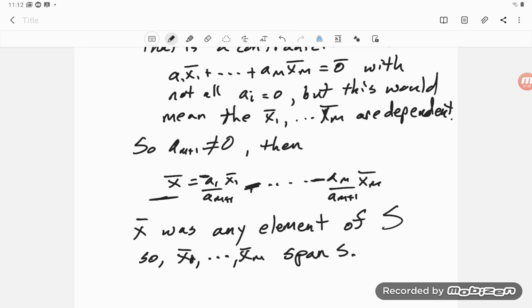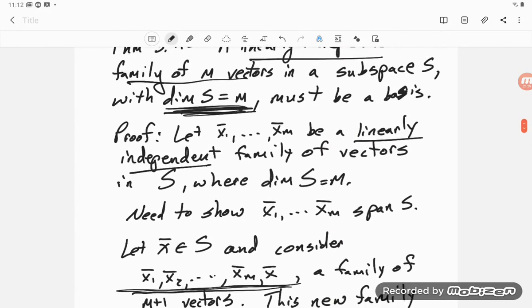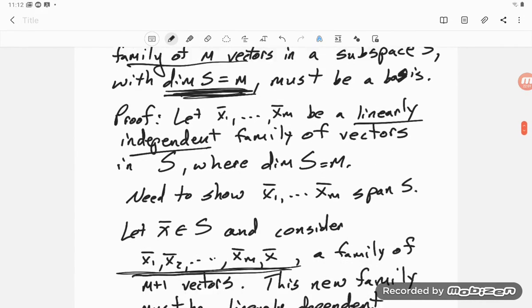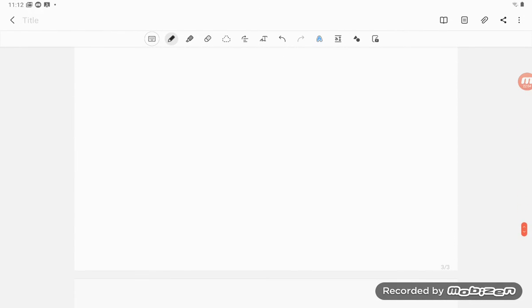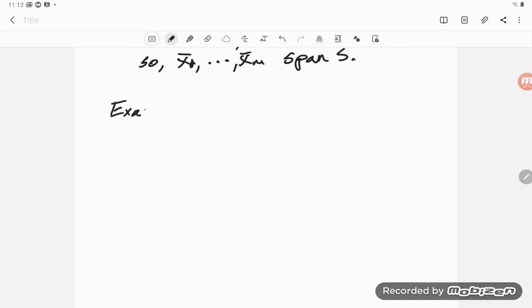So I think that gets us through all those theorems, right? Where this comes in handy is an example.